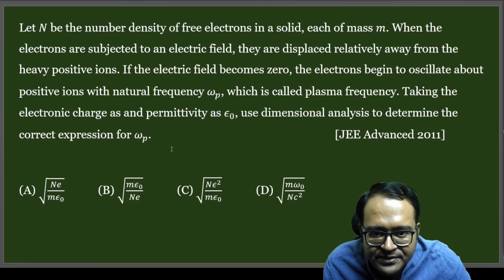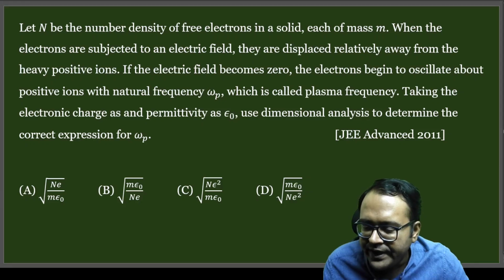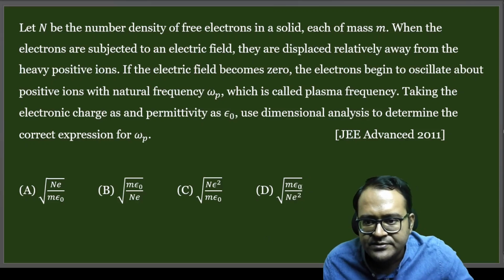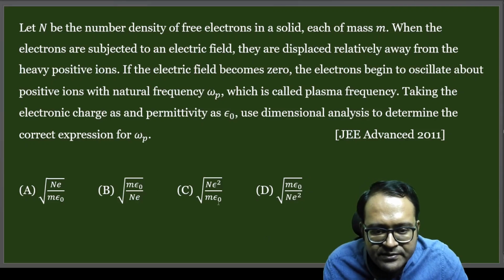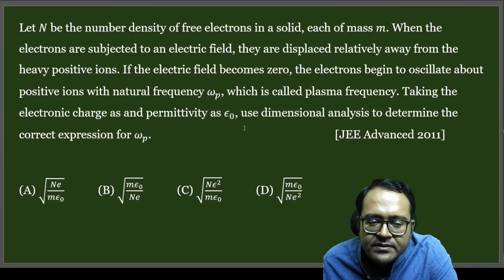This is not epsilon naught. Just give me a second. Okay, I got that. This was not omega 0, this was epsilon naught, and this was epsilon naught. This is n e square. Okay guys, now look at that problem.